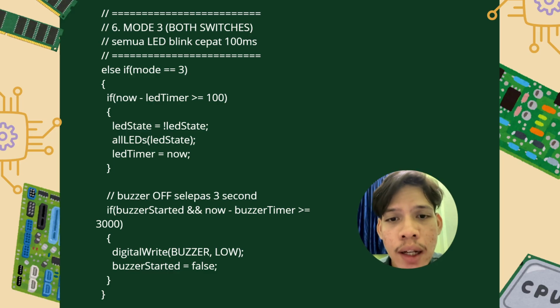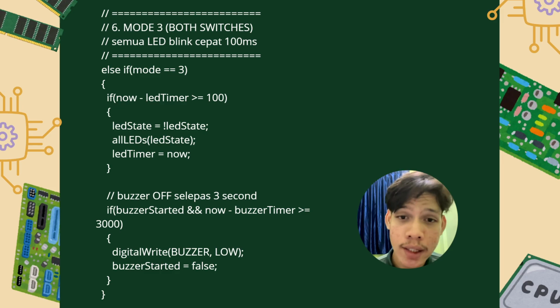The next line, LEDstate = !LEDstate, toggles the LED state every 100 milliseconds. And after that, for all LEDs, digitalWrite(LED, LEDstate) applies that state to all 8 LEDs simultaneously, making them blink together very quickly. The next one, LEDtimer = now, resets the timer for the next 100 millisecond cycle.